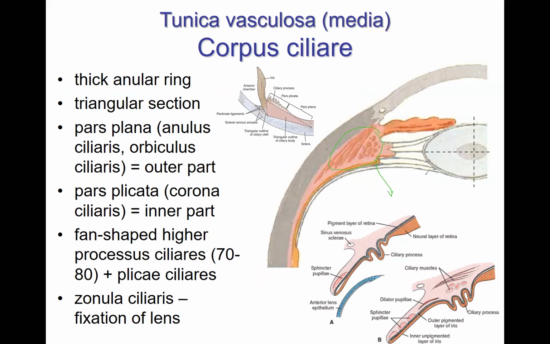It is not tightened anymore, it is relaxed. When it's relaxed, what happens with the lens? Then the lens can enlarge. And when it enlarges, it changes the refraction of the light rays, and you focus on near objects. Yeah.